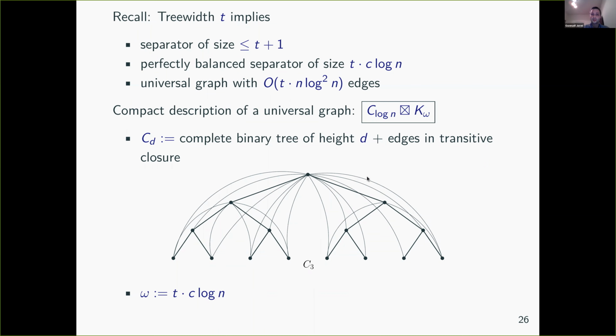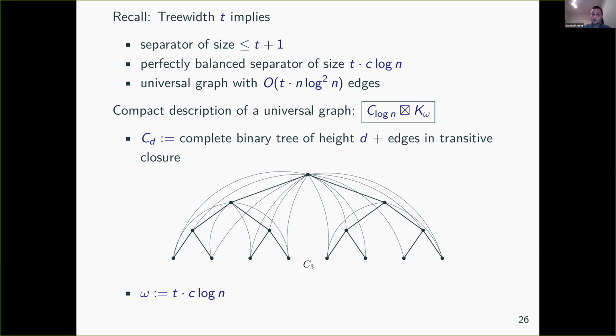Right, so I take this graph, and now if you picture it, you replace each vertex with this clique of size T log n. Hopefully using the fact that the tree with T graphs have balanced separators of size T log n, it should be clear that this is universal for graphs of tree with T. So this is one choice of a universal graph for tree with T.